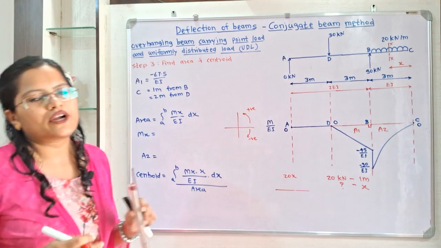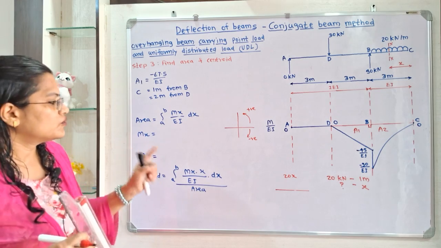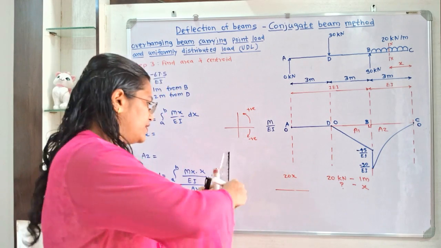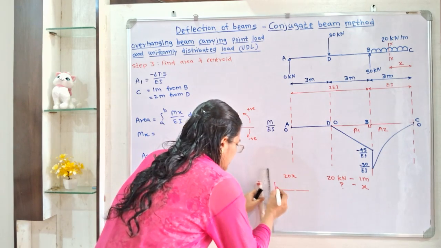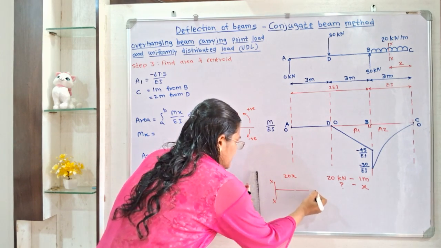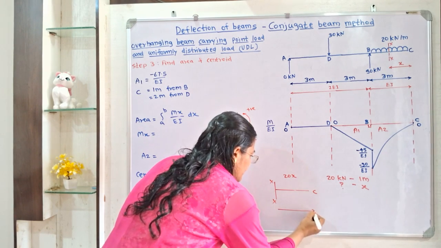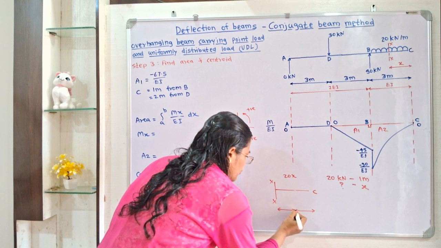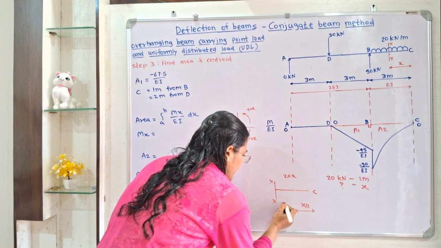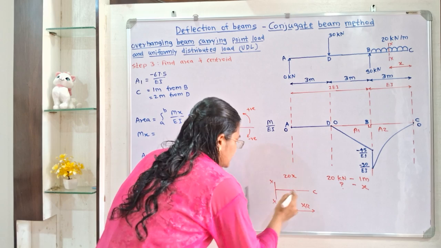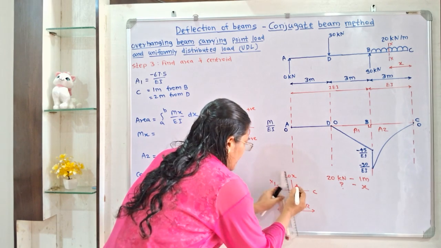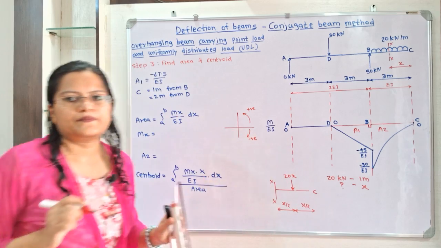And where is the point of application of the load? It is at the center point. So here is the section xx. This is the end C and this whole distance is x. We will divide this distance x into two parts, x by 2 and x by 2. So at the center there is the point of application of this load.